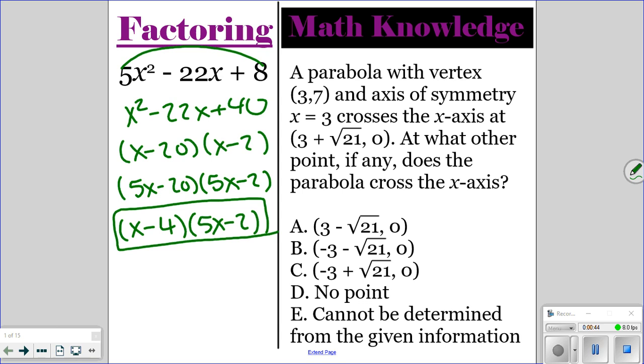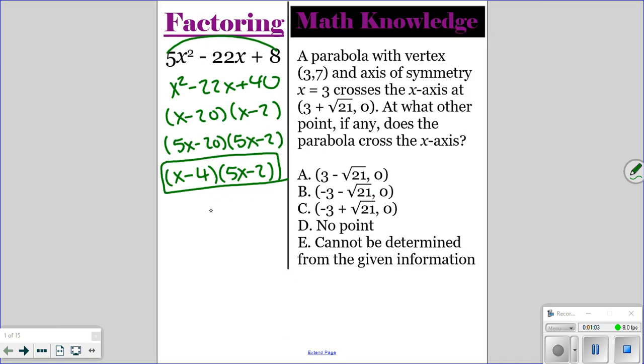For the math knowledge question, we have a vertex of 3, 7 and an axis of symmetry at x equals 3. It crosses the x-axis at 3 plus the square root of 21. Where else, if any, will it cross the x-axis? So I'm going to graph this a little bit.